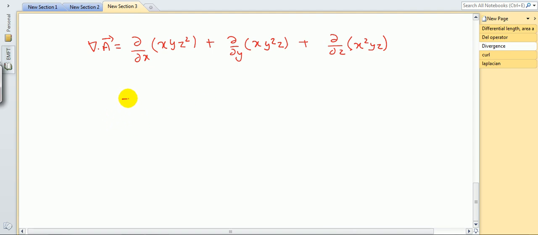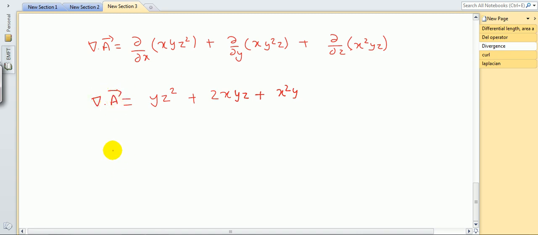If I solve this, for the x term I will get y z square, plus, for this I will get 2x y z, plus, for this, x square y. This is del dot A.